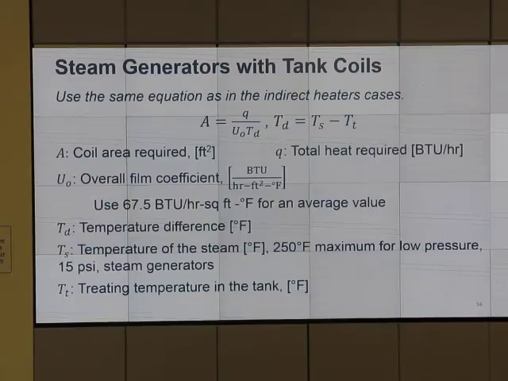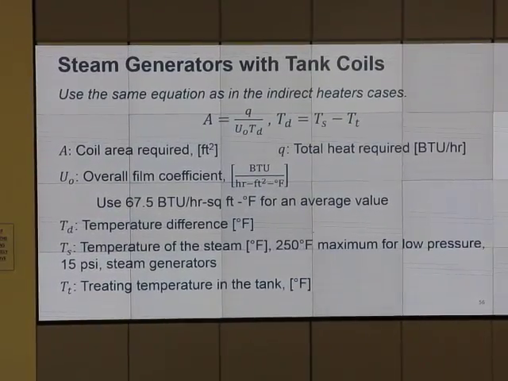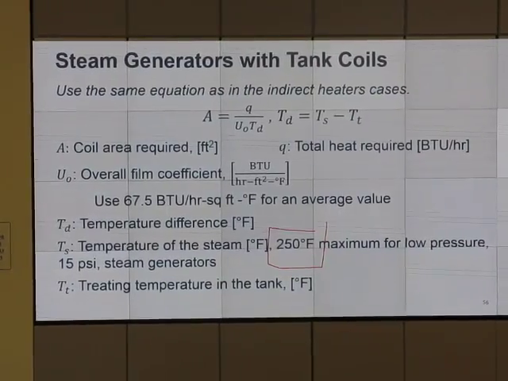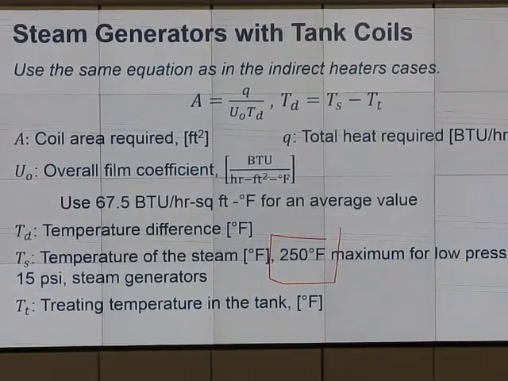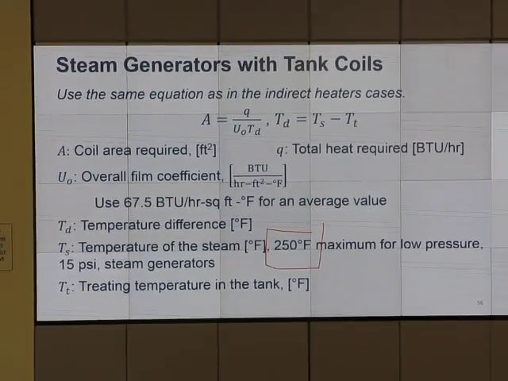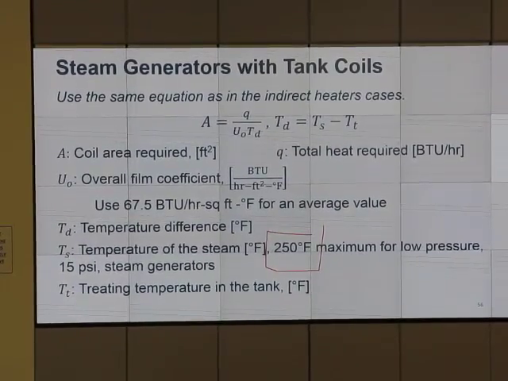The good thing with temperature of steam is this. Look at this one, 250, maximum for low pressure is 15 psi steam. If we use just water can do just 180, 190, right? But not 250.